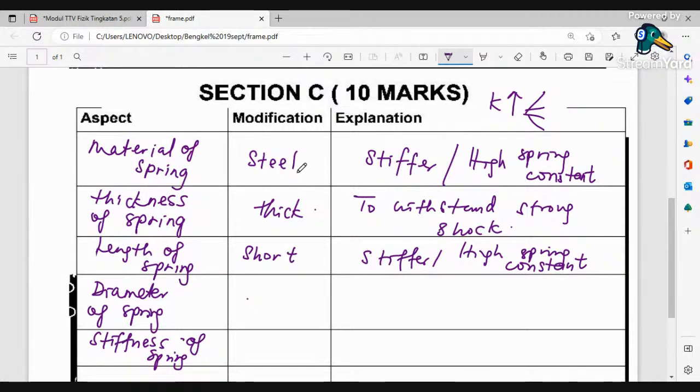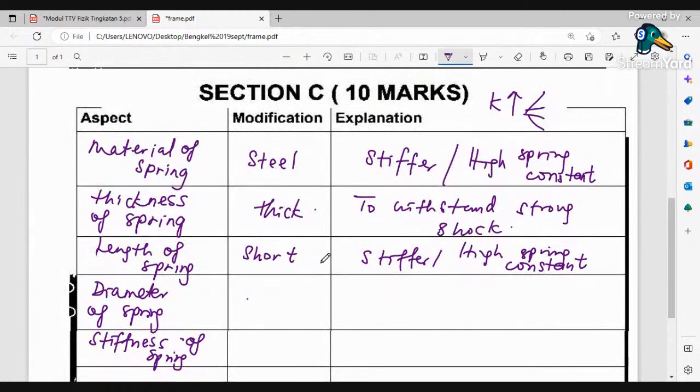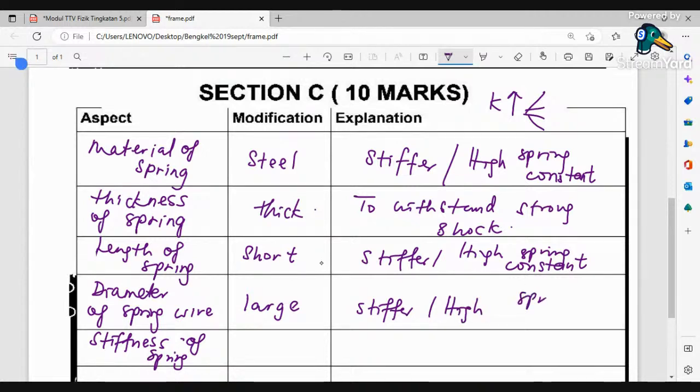Okay, ini diameter of spring, you kena hati-hati sikit lah. Sebab kita ada 2 jenis diameter of spring, wire also can. Kalau diameter of spring wire, okay, should be large. Jadi reason boleh ulang stiffer, high spring constant.